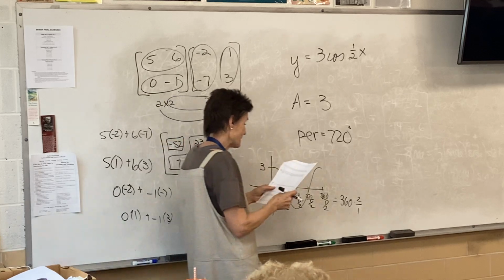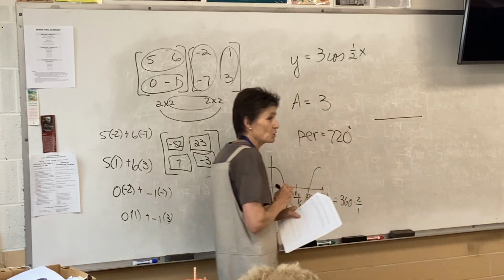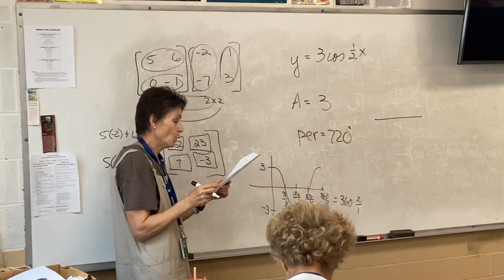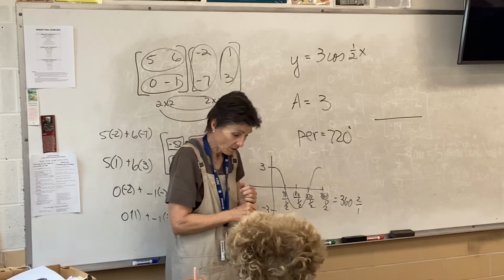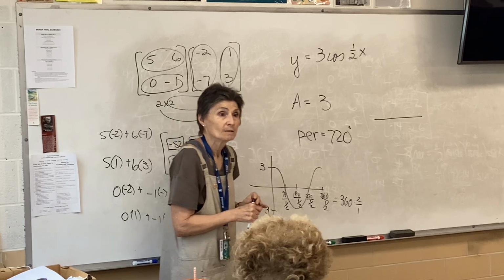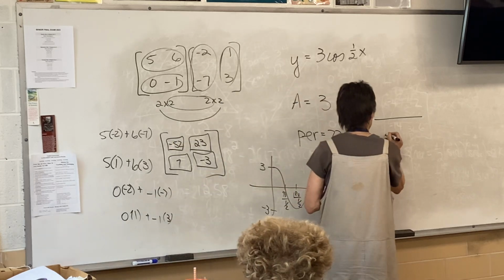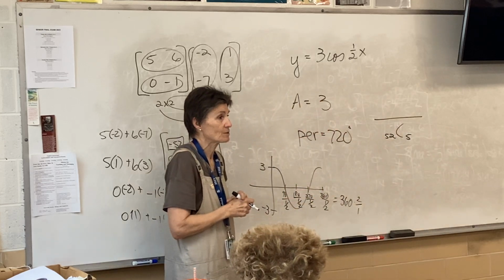A 5-card hand is dealt from a standard deck. What's the probability, as a fraction, that you will get no aces? What's the denominator? It's a 5-card hand from a standard deck, so 52C5 is your denominator.